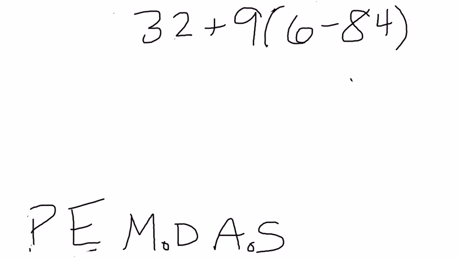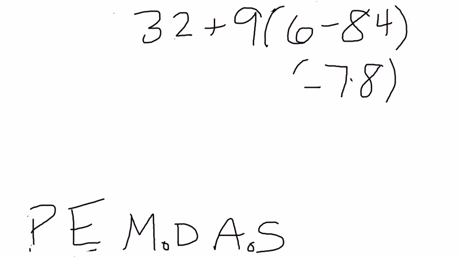Now we look at this problem and we notice inside our parentheses is 6 take away 84. Sometimes you will see this because there will be an answer that has a negative number. So we're going to go ahead and try to work it out. So 6 take away 84 is going to be negative 78.